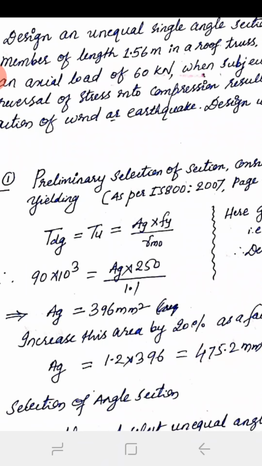The formula will be Ag into Fy divided by gamma m0. We used the same formula for the design of bolted connections of tension members, and the same formula will be used here also. Based on this you have to calculate the area required.